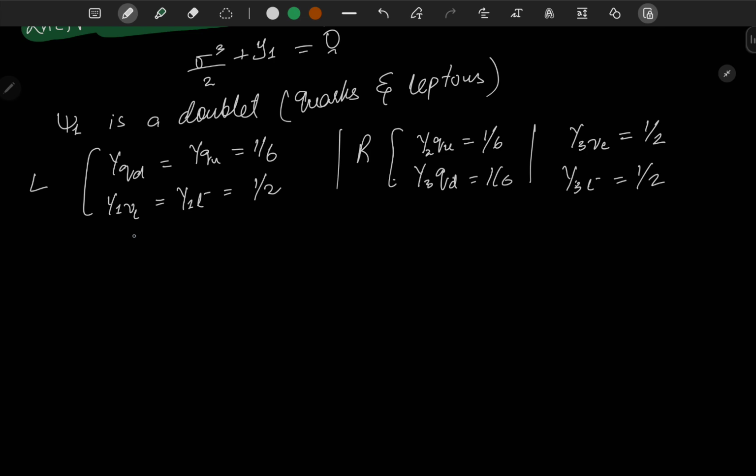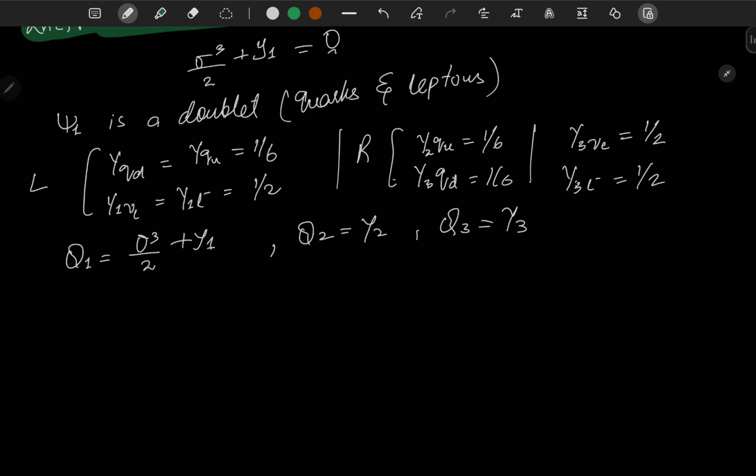So now if I compare this, I can clearly see that Q1 is equal to sigma 3 over 2 plus Y1, and Q2 is equal to Y2, and Q3 is equal to Y3.